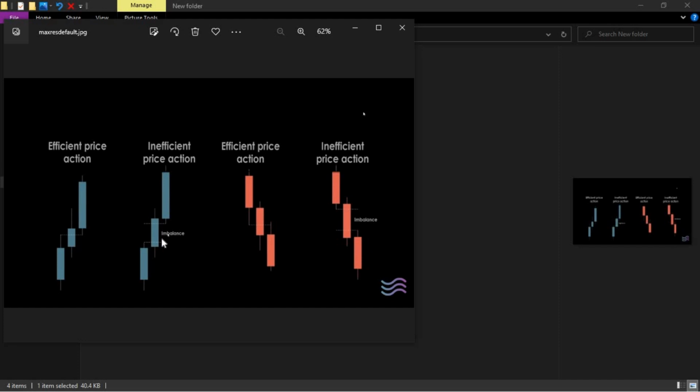They would come back and patch it, while they are painting, use paint and patch it. Same thing with the algorithm that delivers price. When you see an imbalance like this, just know that the algorithm that delivers price moved a little bit faster than it should have moved, and it created an imbalance, meaning it was inefficient.